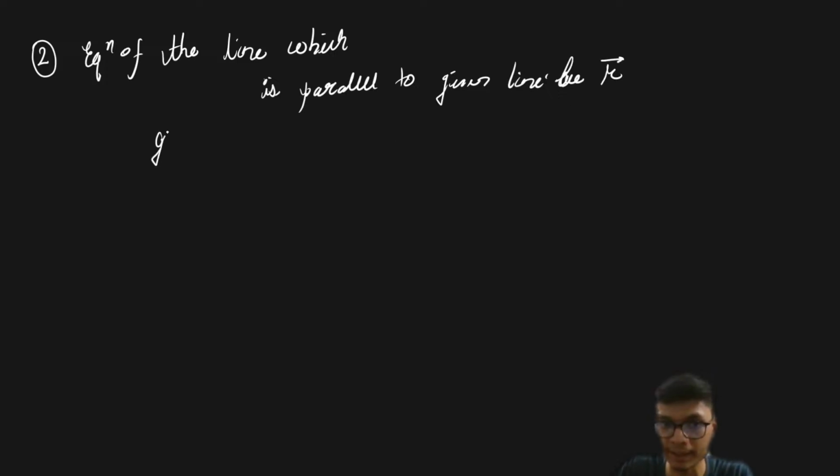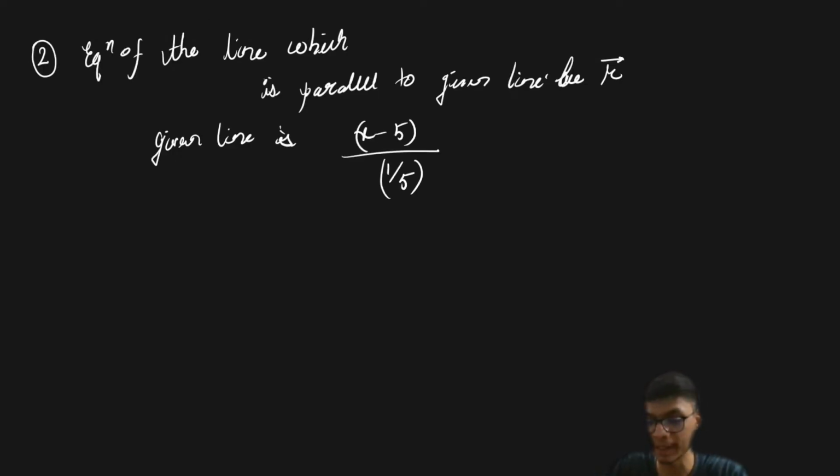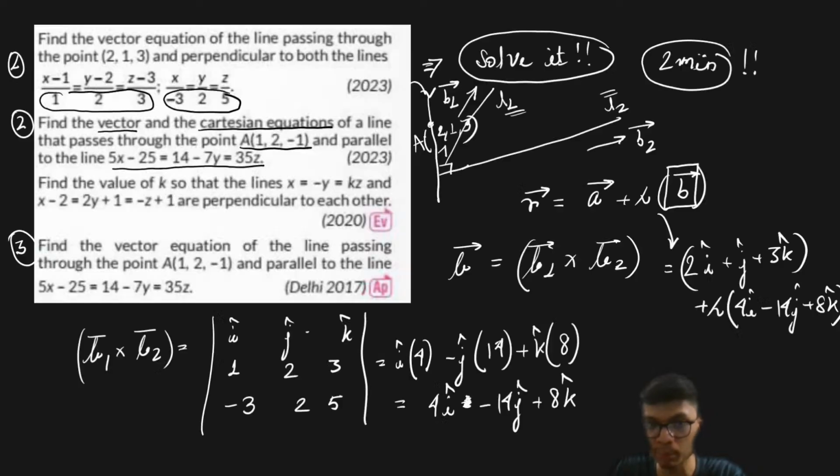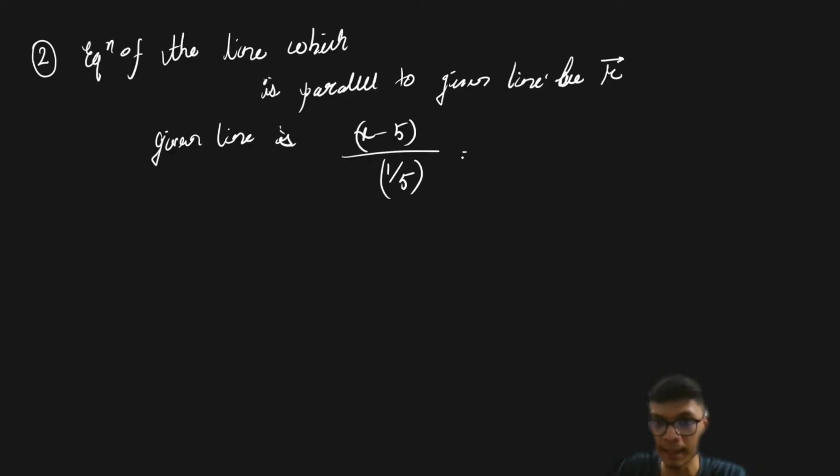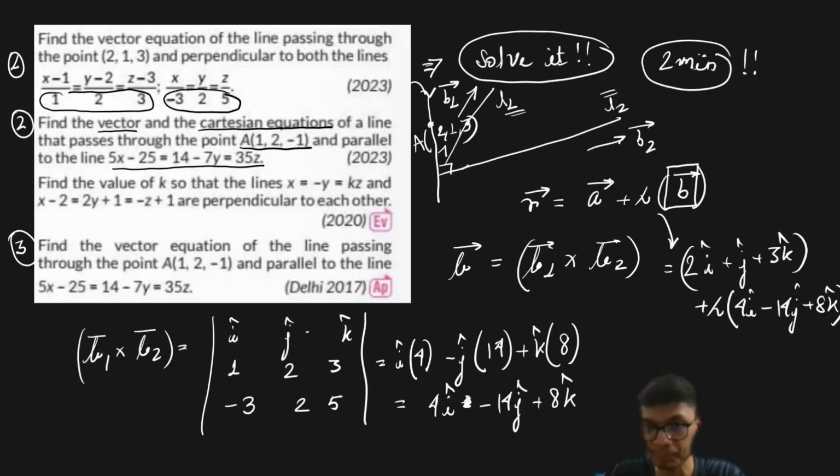Now if you look at the given line equation, it is given as x minus 5 by 1 upon 5. I am simplifying it into the general notation of the Cartesian equation of a line, right? x minus 5 by 1 upon 5, and it equals y minus 2, taking minus 7 as common, so I can write it as minus of 1 upon 1 by 7.